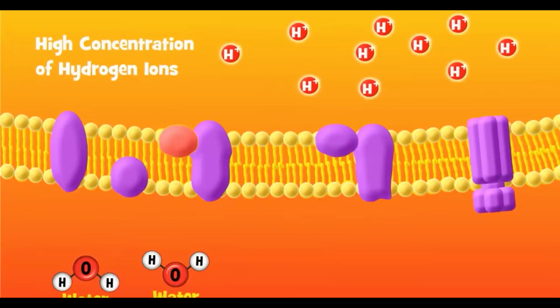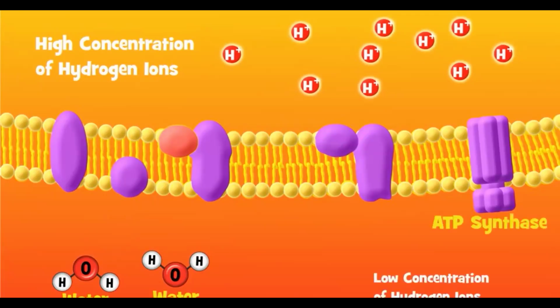Now you may have noticed that we haven't made ATP yet, so you might be wondering how that works, which brings up the coolest part of this entire process in my opinion. Remember that high concentration of hydrogen ions we've been building up? Now it's time to use it to make ATP. A protein called ATP synthase makes a channel that allows hydrogen ions to flow through from high concentration to low concentration.